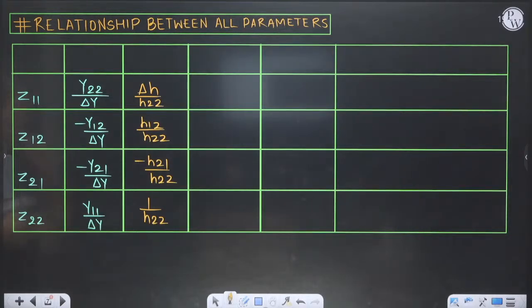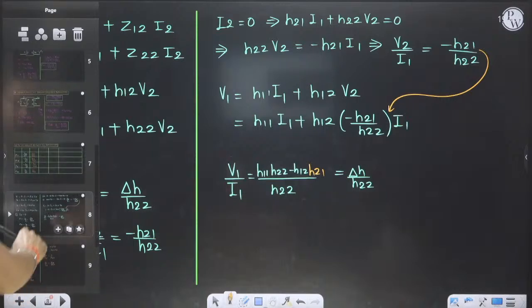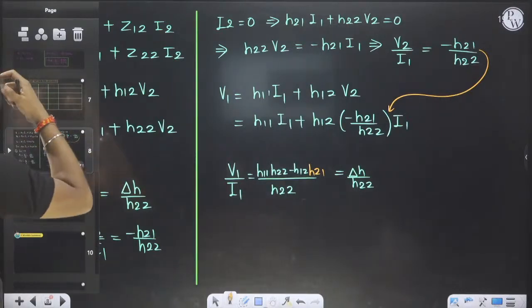Okay, so our Z21 is minus H21 upon H22, Z22 is 1 by H22, Z11 is delta H upon H22 and Z12 is H12 upon H22. Yes, it is correct. Then we will go for the next part.